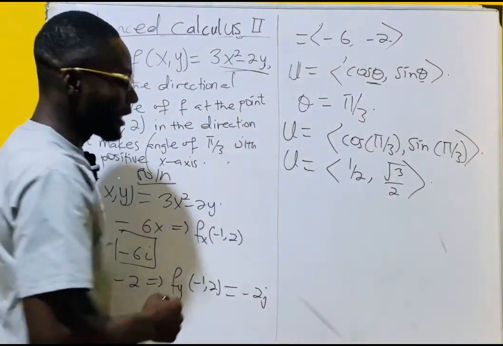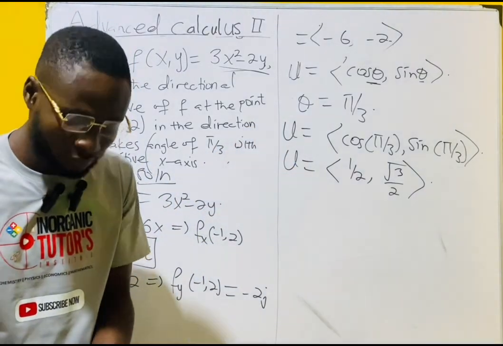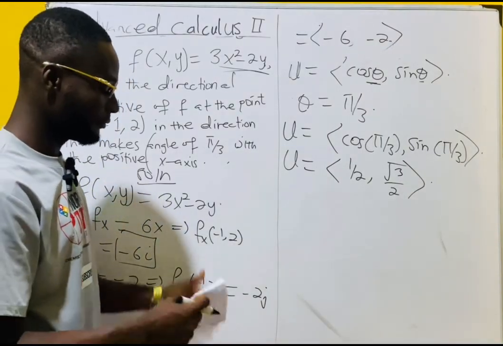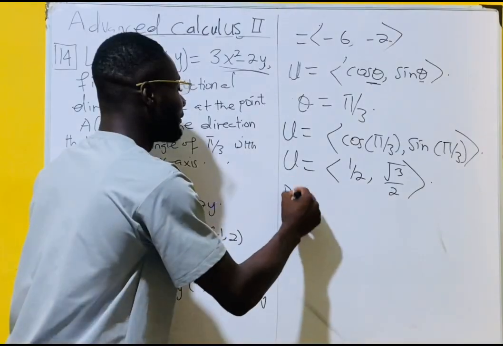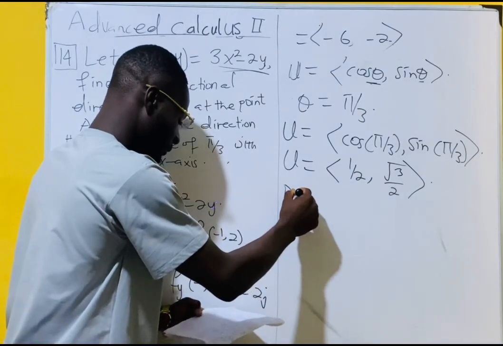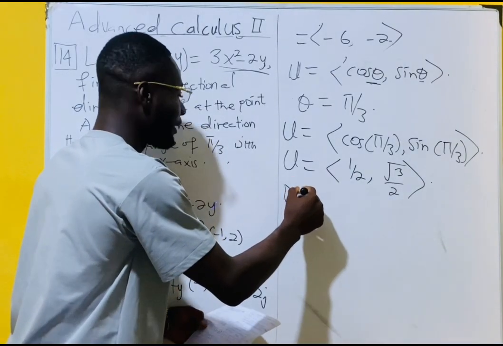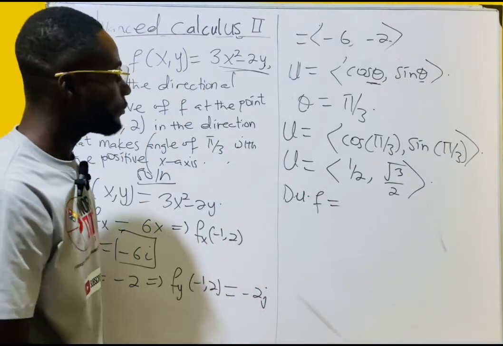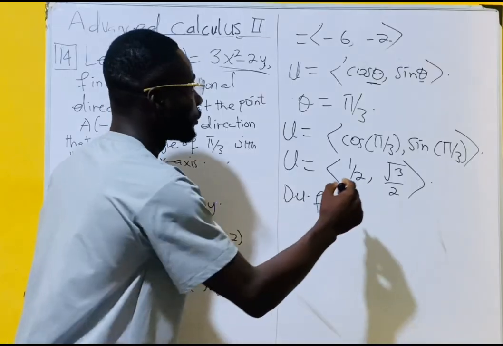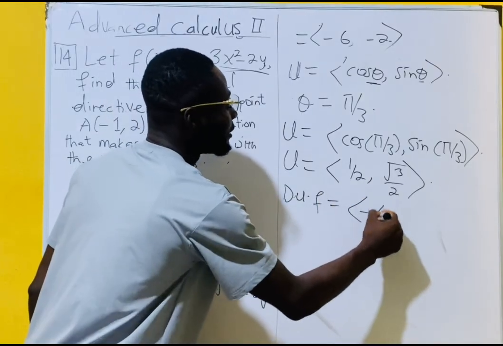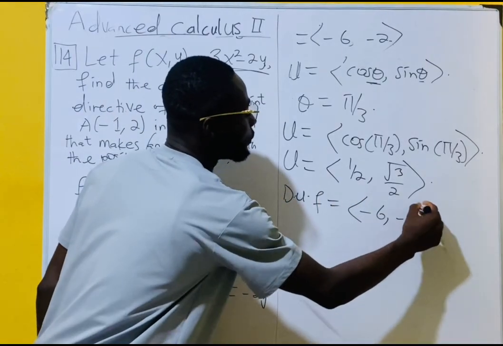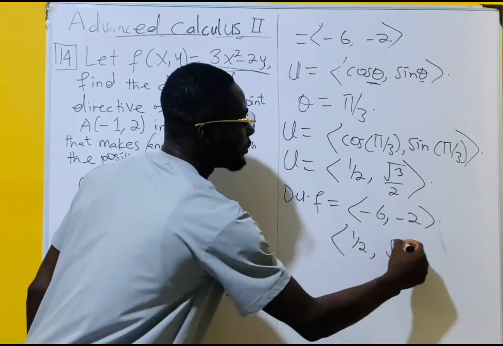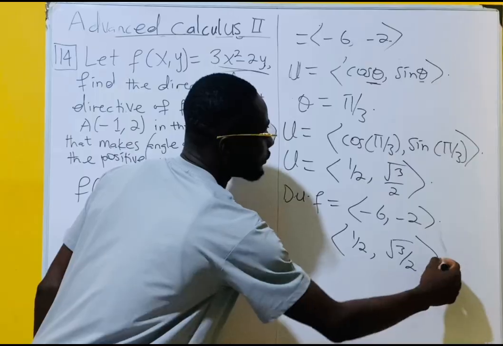So our directional derivative will be equal to the gradient (-6, -2) dot (1/2, square root of 3 over 2).